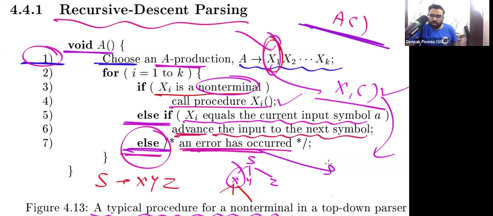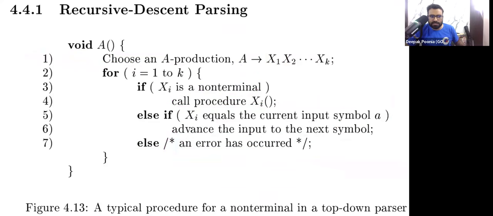But remember, this error will not be a final error. Please understand. This error will basically tell you that this production has failed. Try another production. Is this clear? So otherwise an error has occurred.